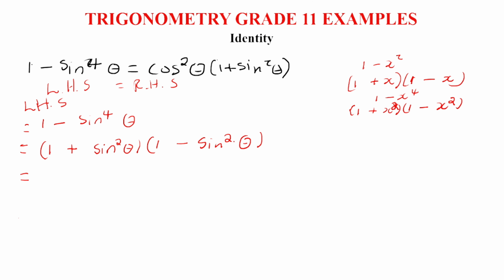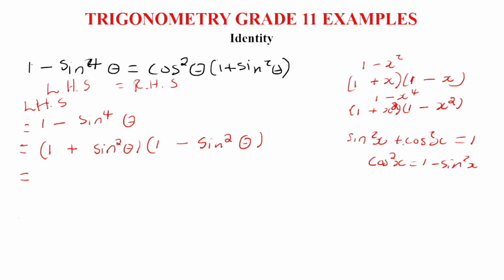But you need to remember, from identities, we know that sine squared x plus cos squared x is equal to 1, which also gives us the fact that cos squared x is equal to 1 minus sine squared x.